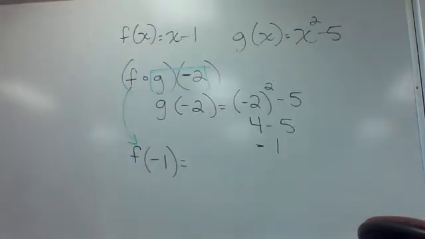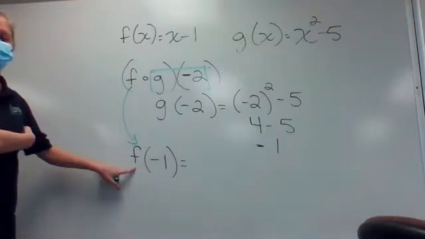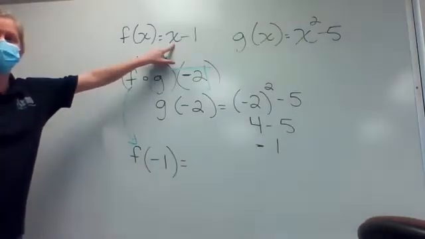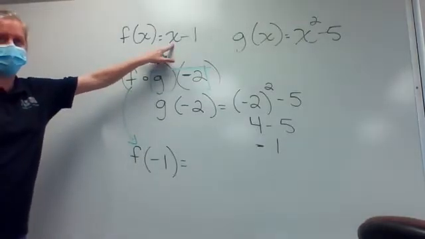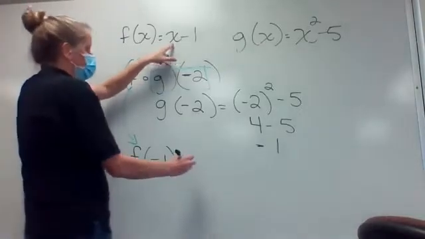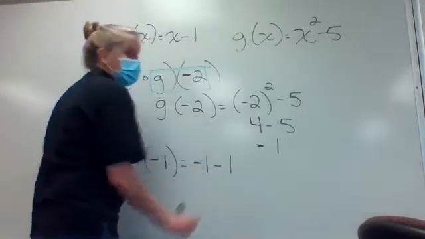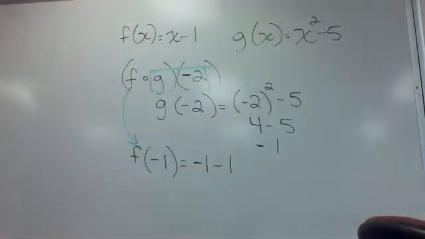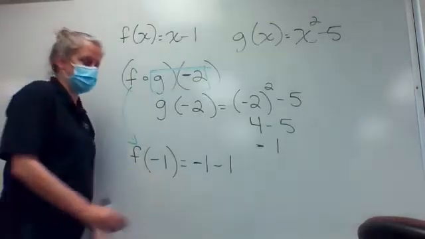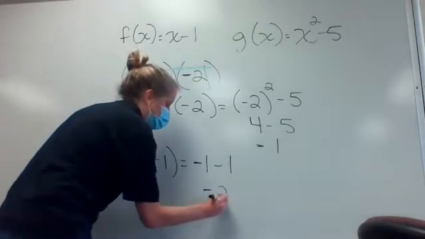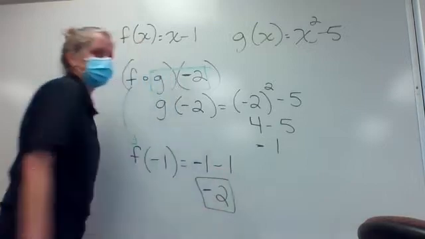And just like always, what does this mean you're doing now? You're going to your f function and replacing its x with negative 1. So I have negative 1 in place of the x in x minus 1. That's not 0. What is negative 1 minus 1? Negative 2. Good. Negative 2 is your final answer.